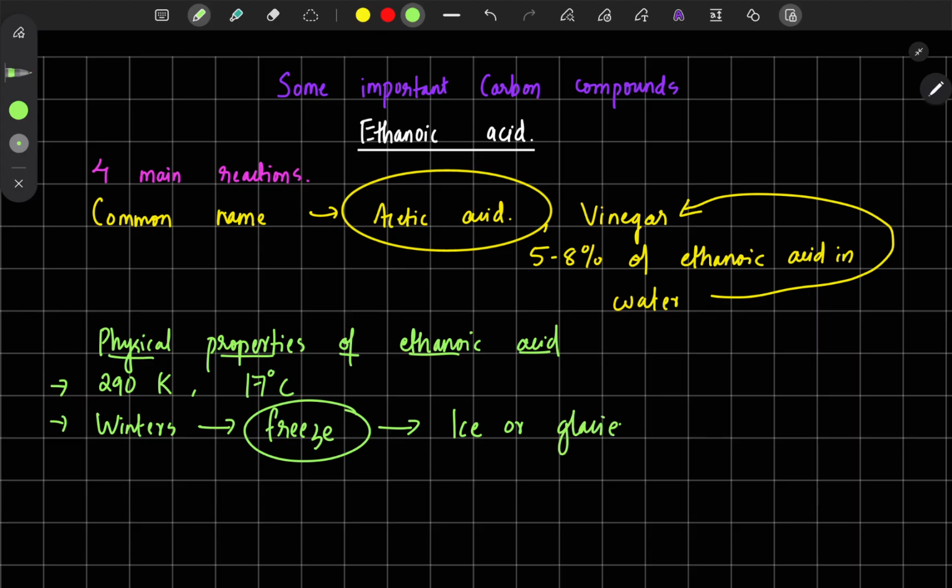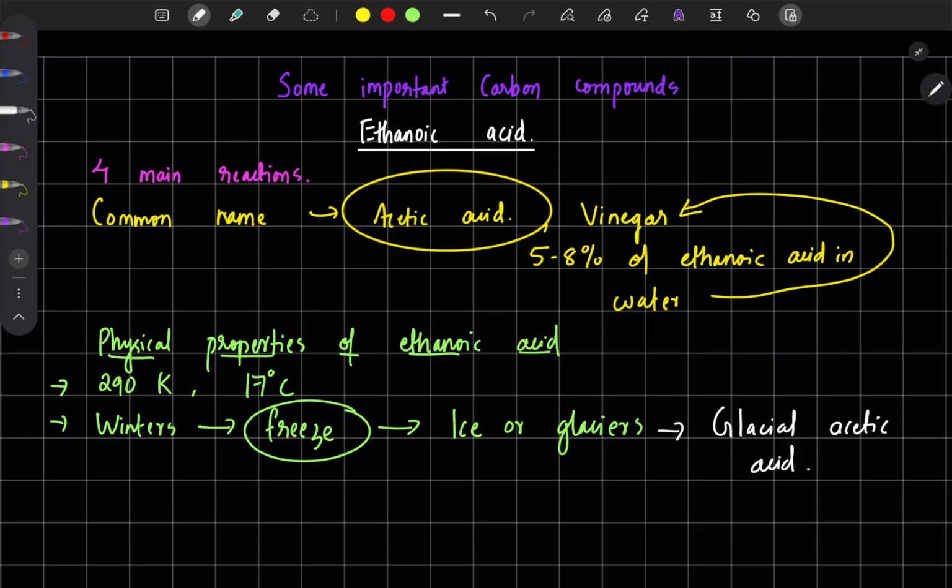So that is why it is also called glacial acetic acid, since in cold temperature or winter, it seems like frozen ice.